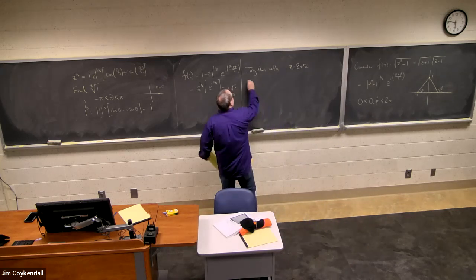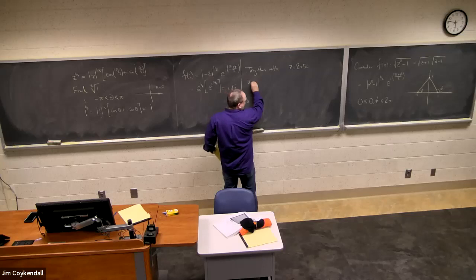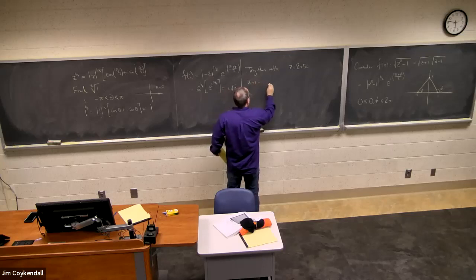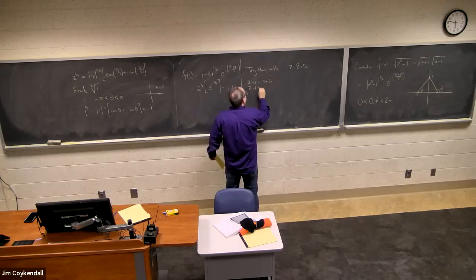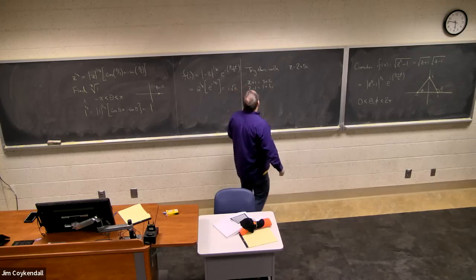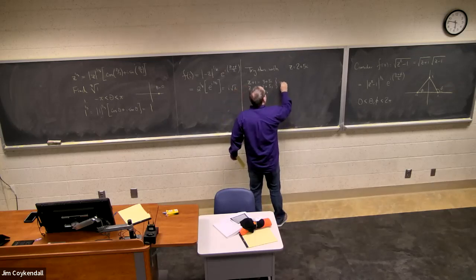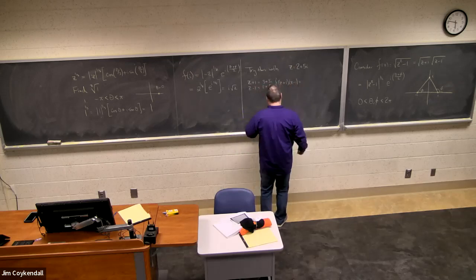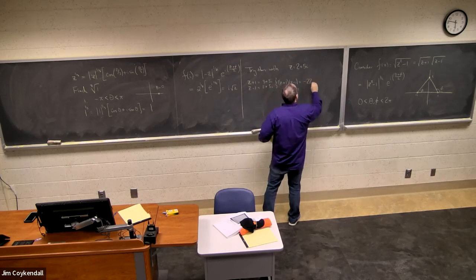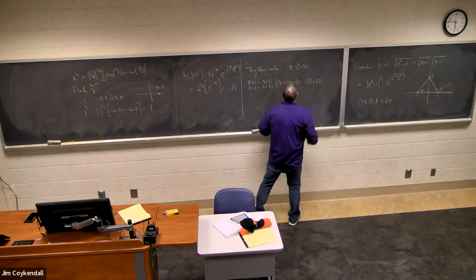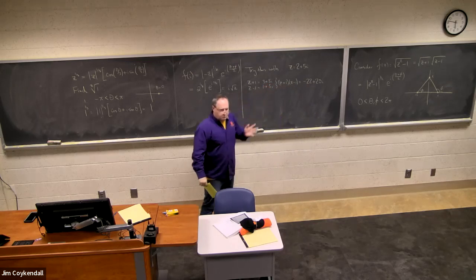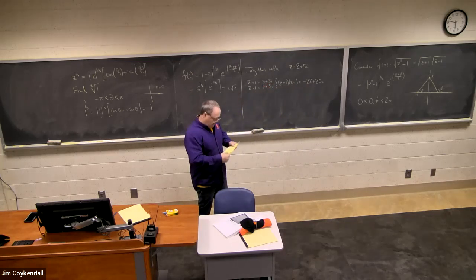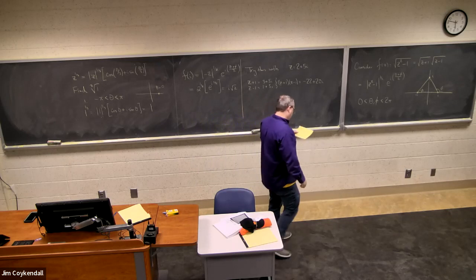Notice that z plus 1 is 3 plus 5i. z minus 1 is 1 plus 5i. And if I multiply this, I get negative 22 plus 20i, if you just multiply this stuff. Right, okay with that?